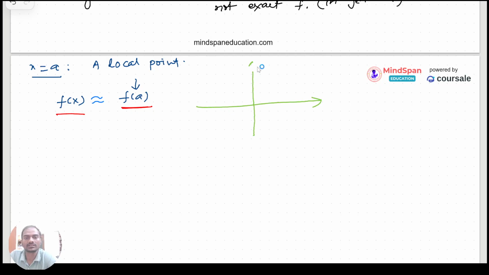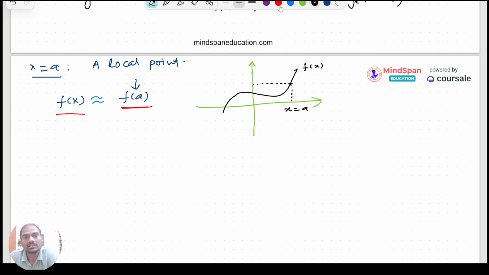Now, if our function was some curvature like this, and this point was x equal to a, and we are approximating in the most simple way as f(x) equal to f(a), then what function did we approximate?